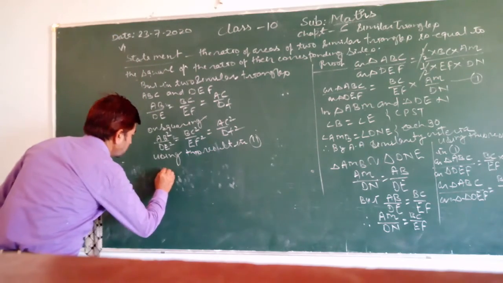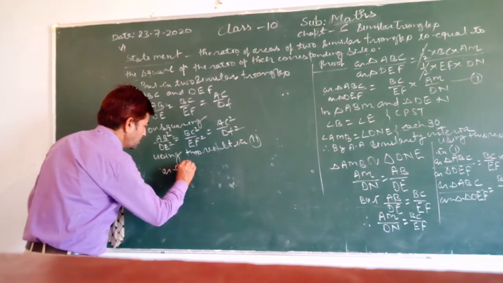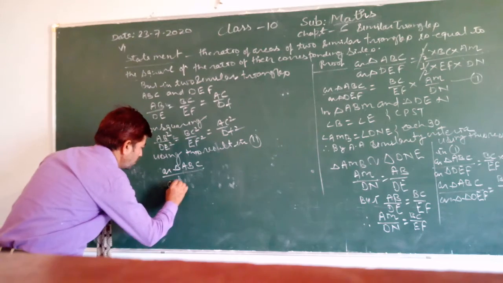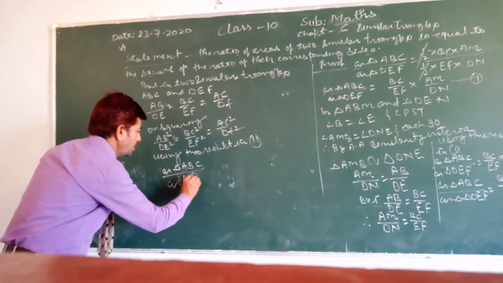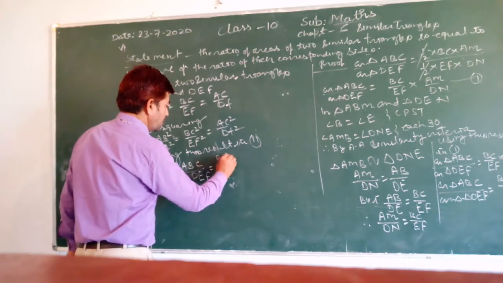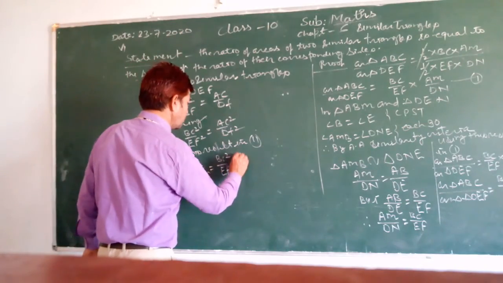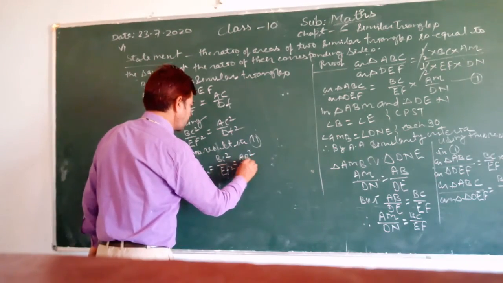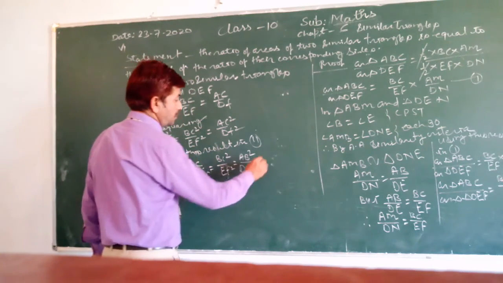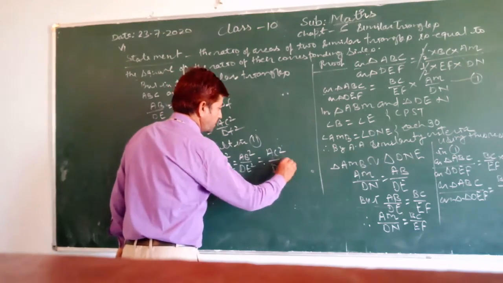finally, we got area of triangle ABC upon area of triangle DEF is equal to BC square upon EF square, which is equal to AB square upon DE square, which is equal to AC square upon DF square.